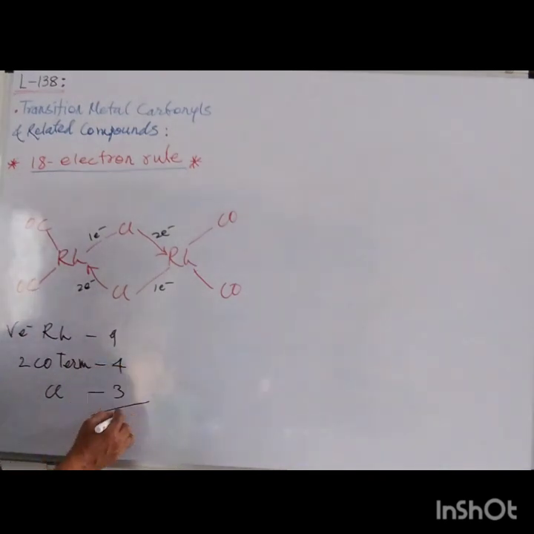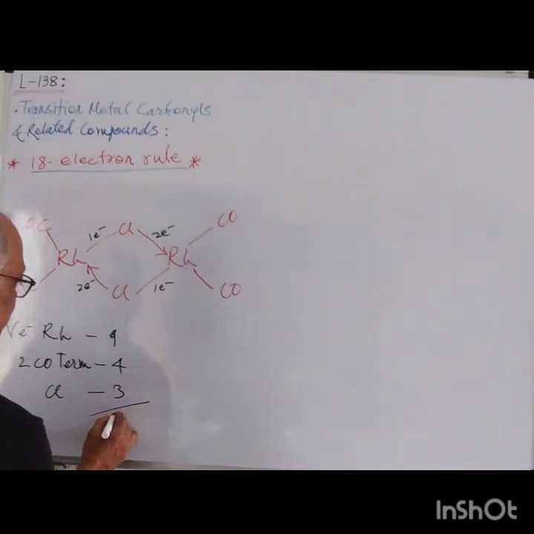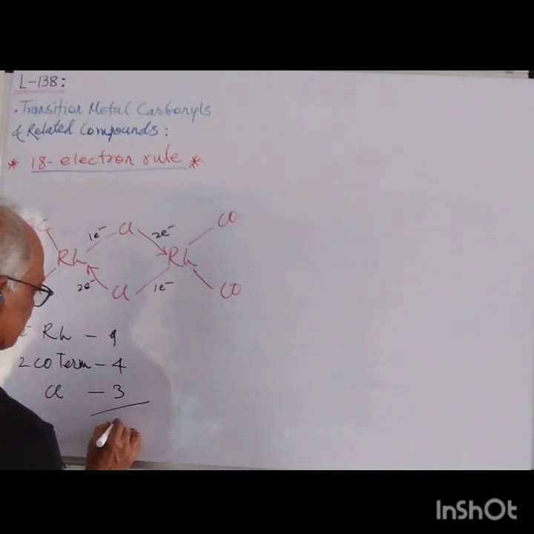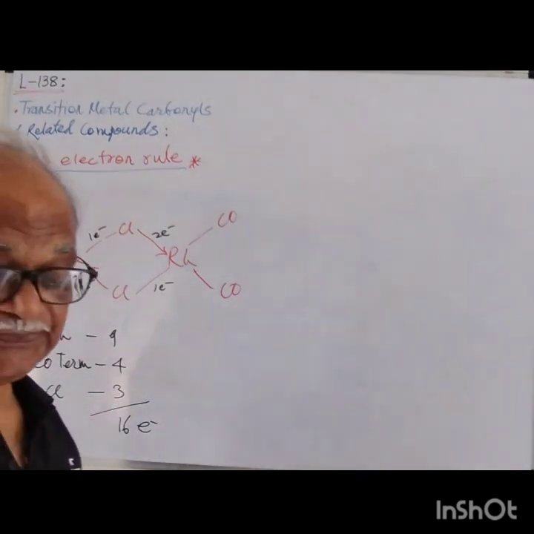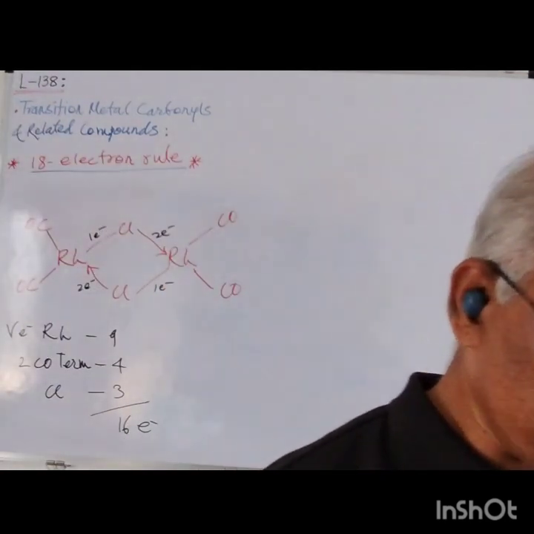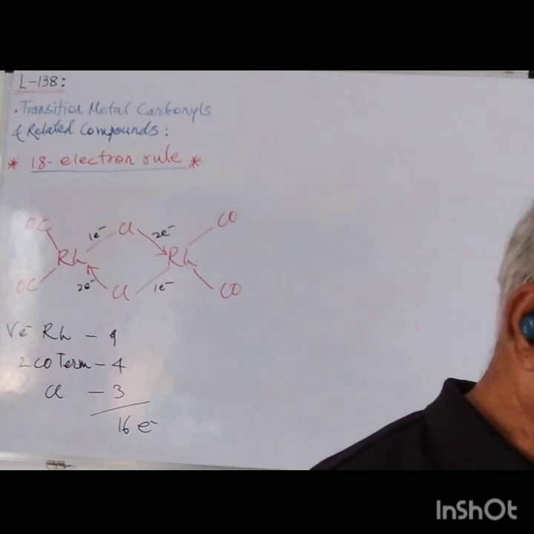So 9 plus 4 is 13, plus 3 is 16. So here we are having 16 electrons. So this configuration is not attaining the 18 electron rule, it is short of 2 electrons.